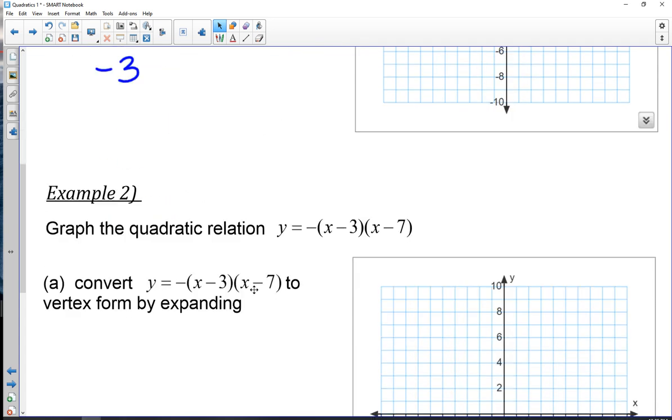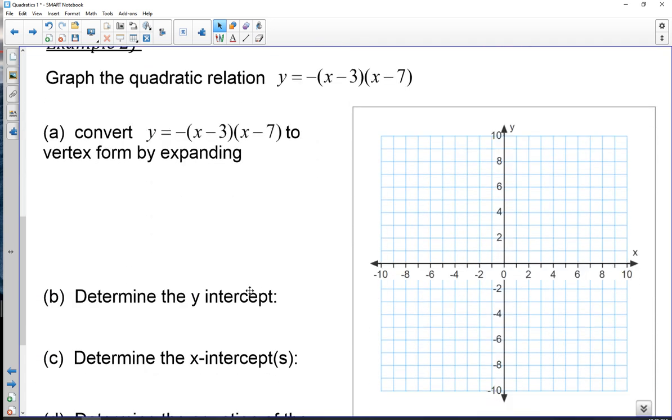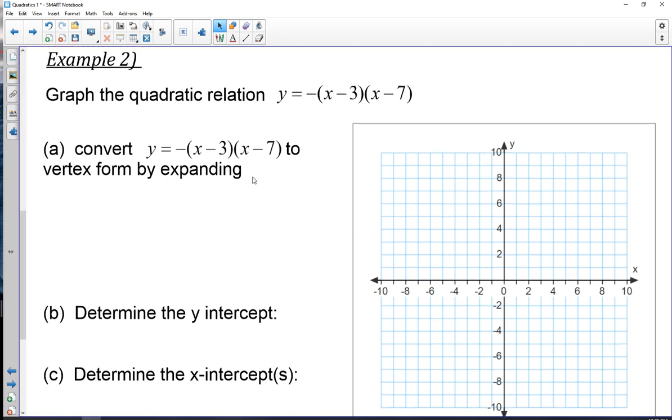Now, a quadratic written in factored form. So in this one, we have y is equal to -1 multiplied by x minus 3 multiplied by x minus 7. So this is factored form. All right, that's what the general form looks like. In this case, in our example, our a value is -1.